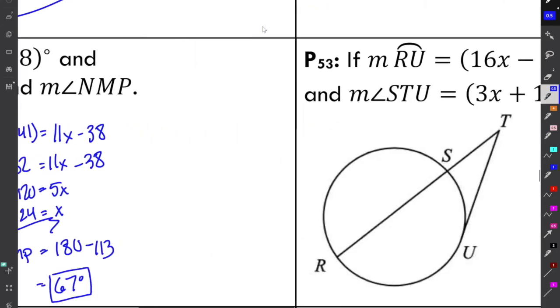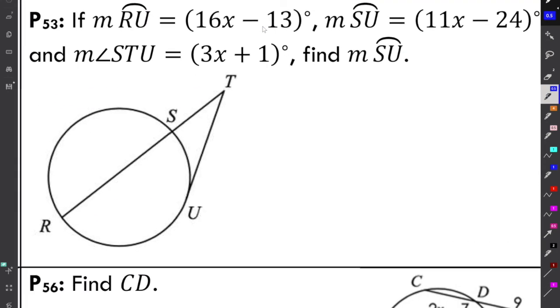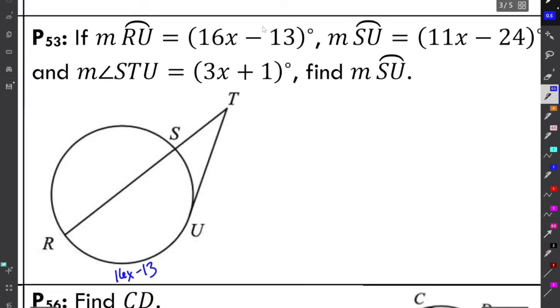All right, 53. The measure of arc RU is 16x minus 13. And then SU is 11x minus 24. And then angle STU is 3x plus 1. Find the measure of SU. So a secant and a tangent intersecting are still just half the difference of the intercepted arcs.